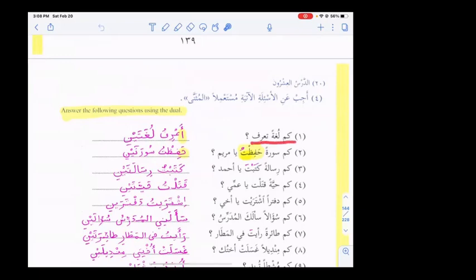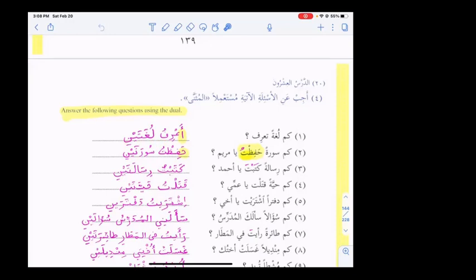Kam lugatan tarifu. You will say arifu, I know. This is your fi'l mudari, fa'il mustatir, taqdiruhu ana. Arifu lugataini, I know 2 languages.